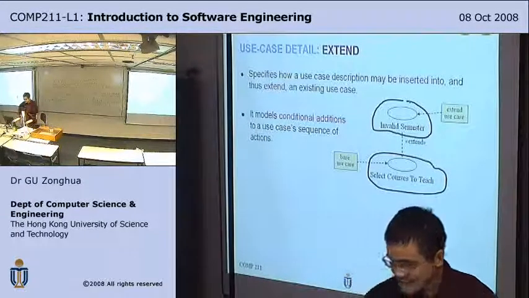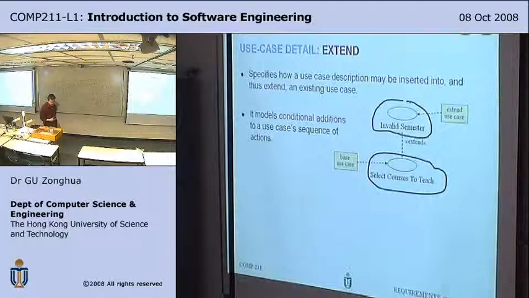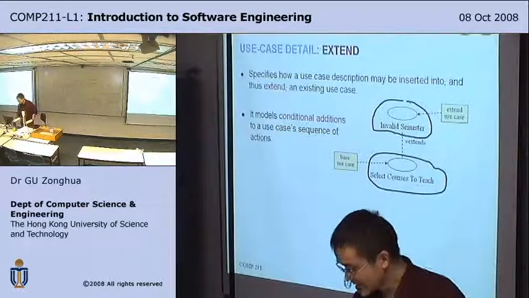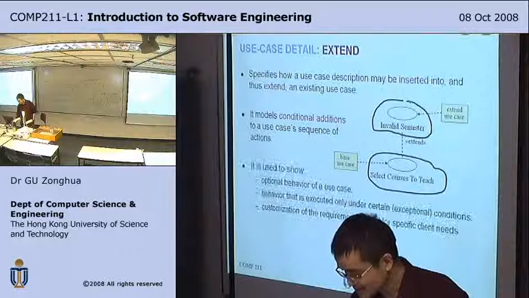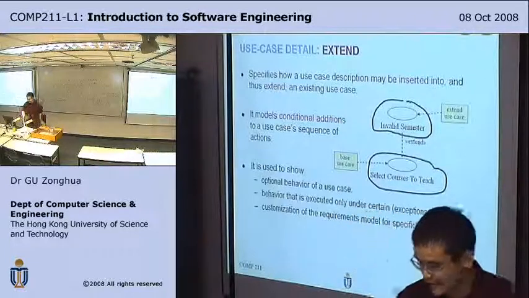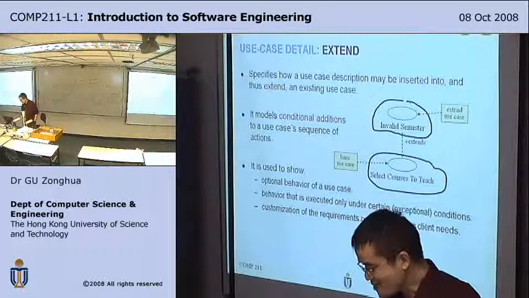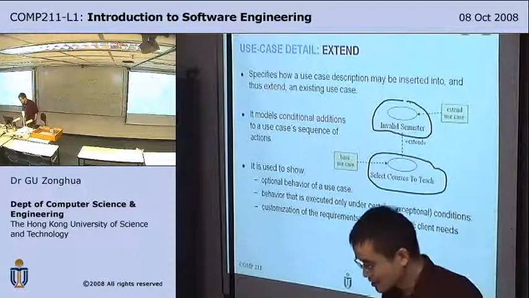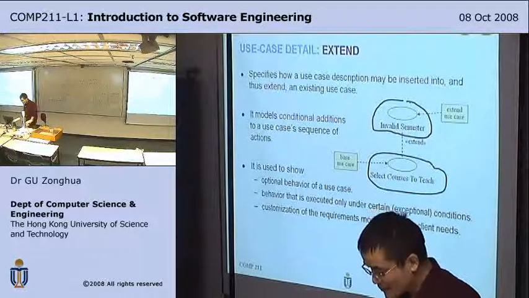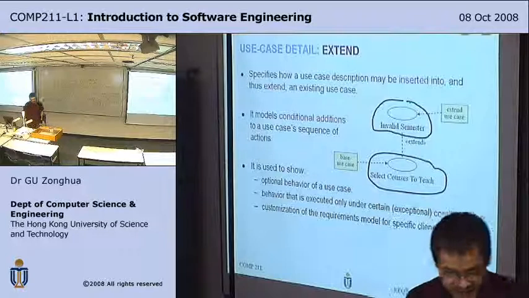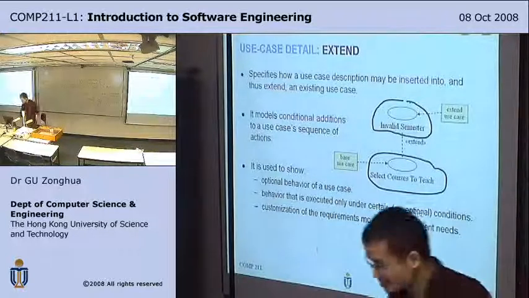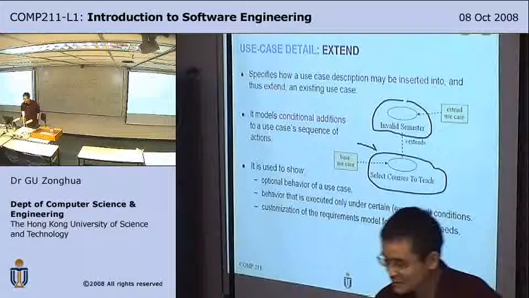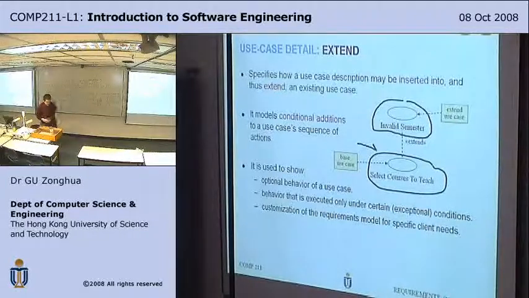That is, when some condition happens, that is, invalid semester happens, then you invoke the extend use case. Used to show optional behavior or behavior that's only executed under certain exceptional conditions, or customization of the requirements for specific client needs. So the base use case may be rather generic, and then you may specify multiple extend use cases.